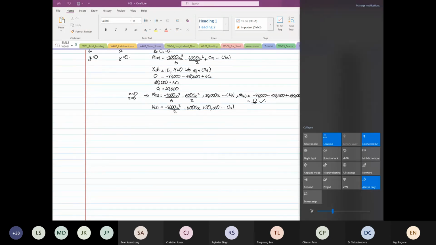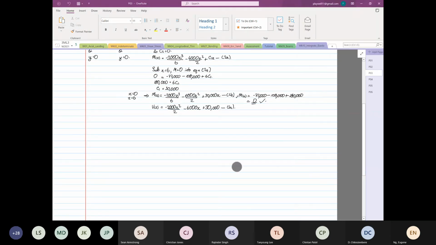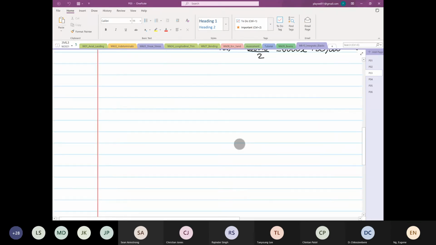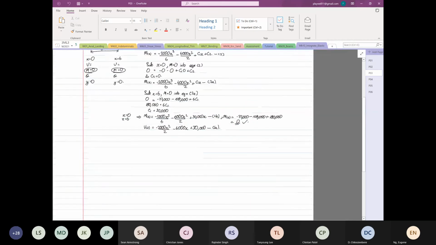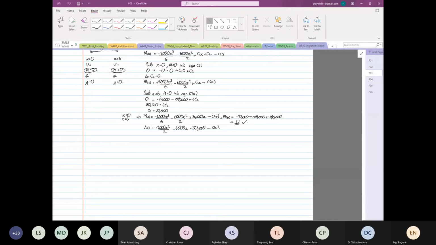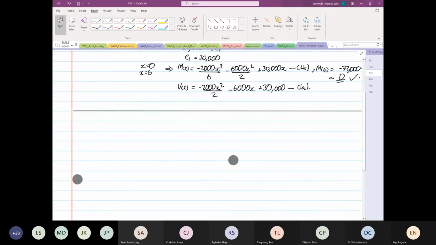So the next half of the class, we are going to look at the elastic curve technique. The first part, we just looked at the integration method. I showed you guys boundary conditions, how to apply the integration method, and forming boundary conditions.